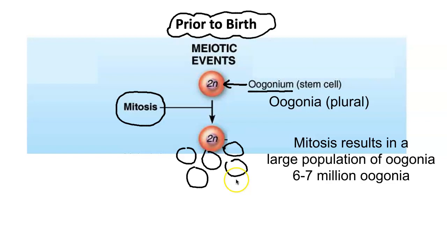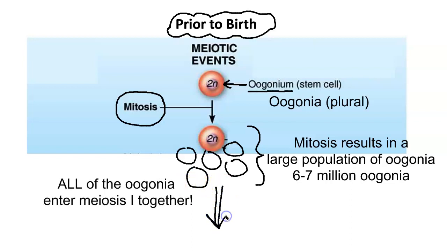Prior to the person being born, all of these oogonia together as a population will start to undergo meiosis. What I mean is that these cells will enter prophase 1. So in other words, they enter into meiosis, except they don't even divide once. They don't get that far to a cell division.